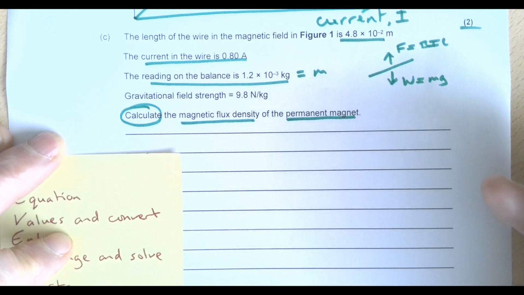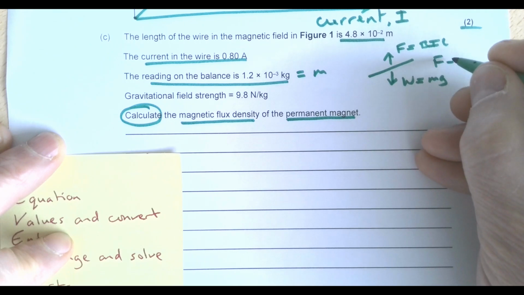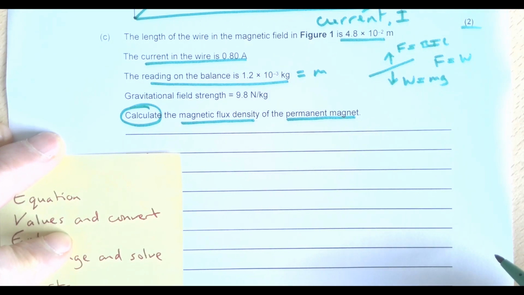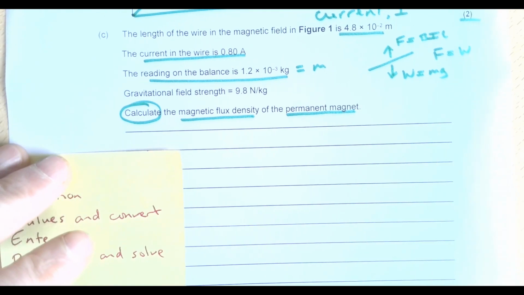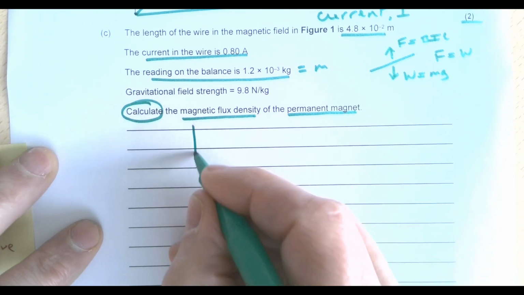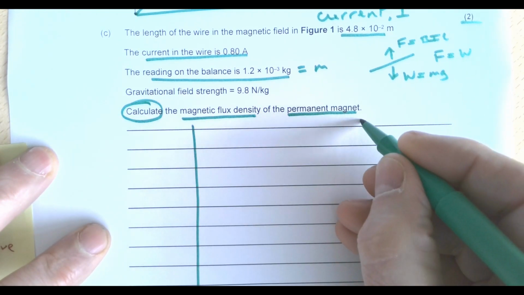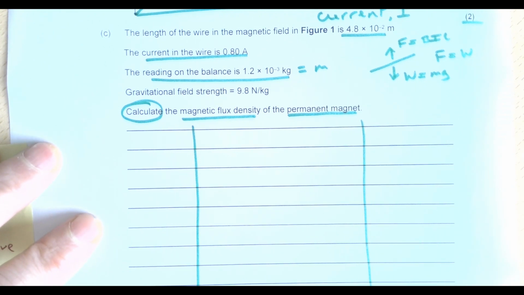It's not accelerating, it's staying where it is, which means we know that F is equal to W again for this. Okay, so this is a very similar question, I guess, to the one before. A lot more space though in this one, which is useful. So let's just separate the answer space up. I'm going to make the middle one a bit bigger this time to help myself out. I ran out of space when I did this last question.